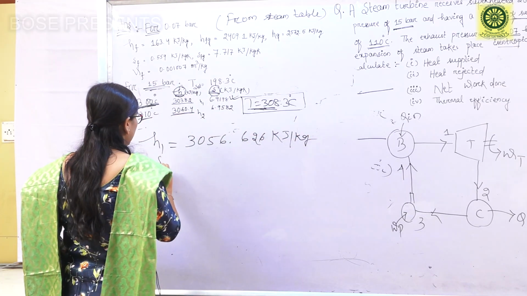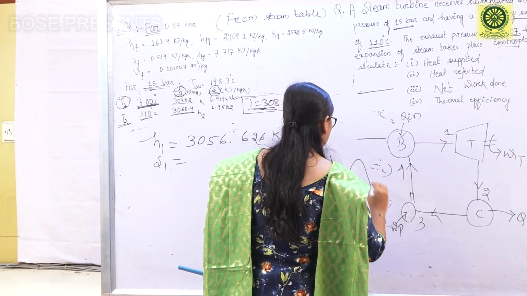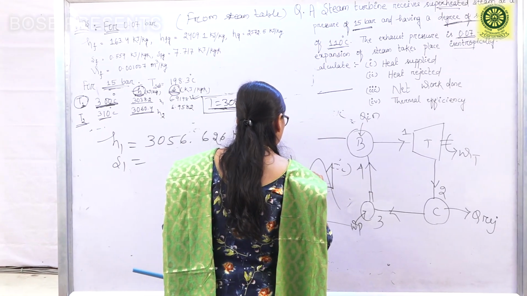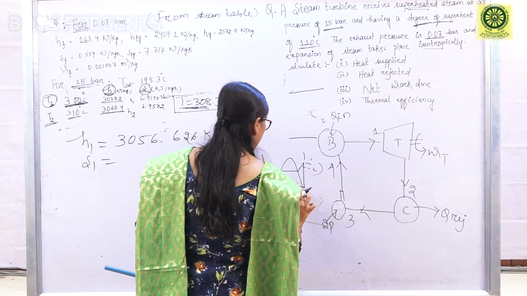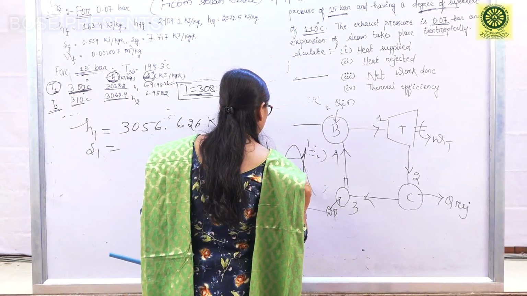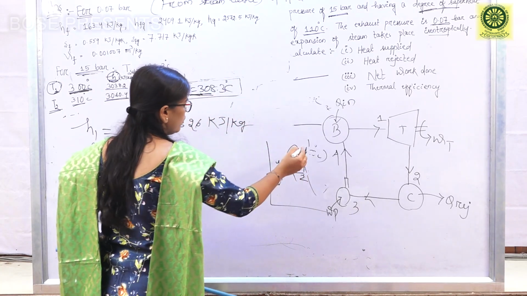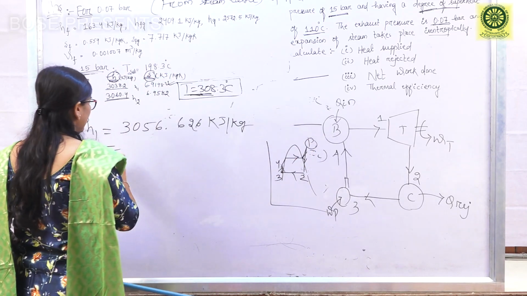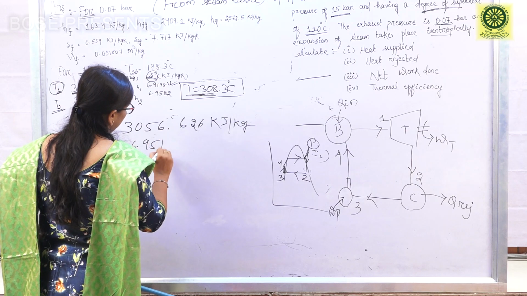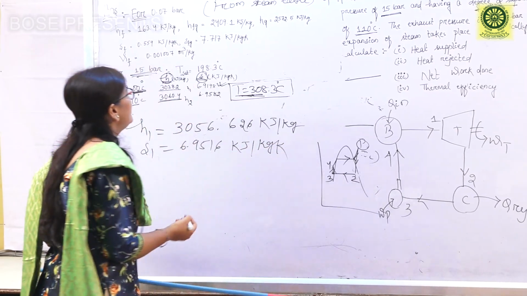And similarly I have found out the values for point 1. H1, S1. S1 is how much? 6.9516. Then next one, H2.